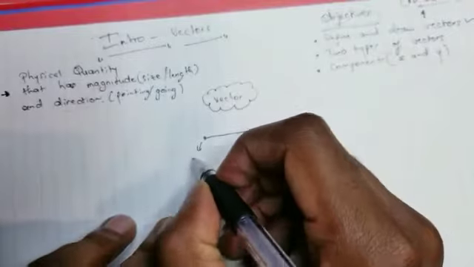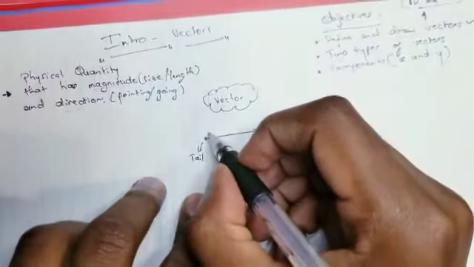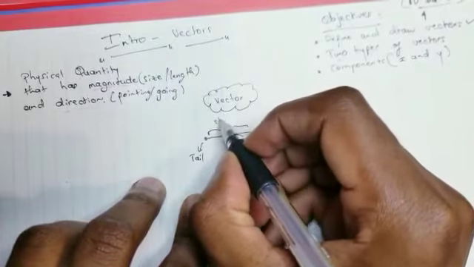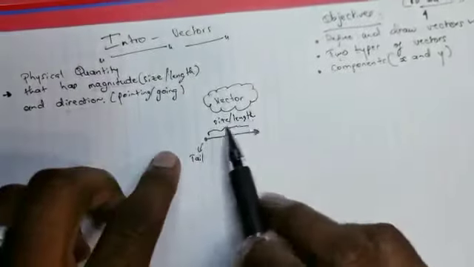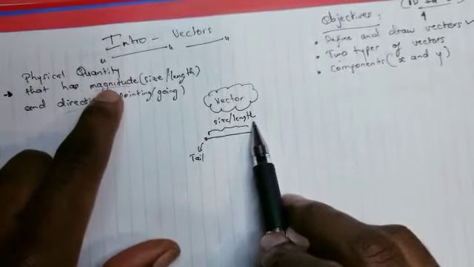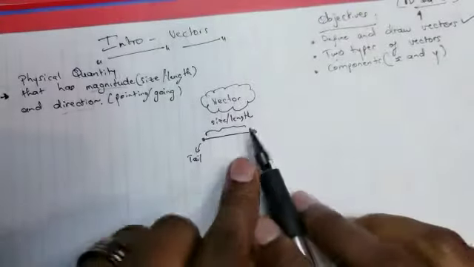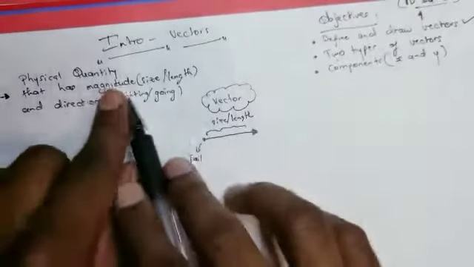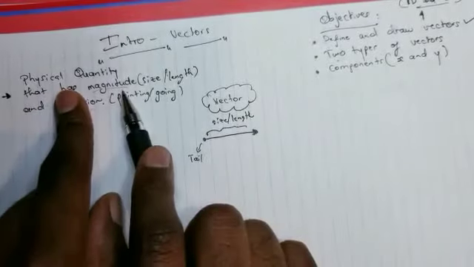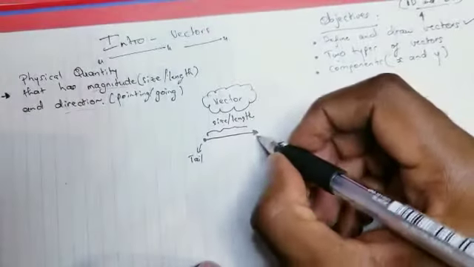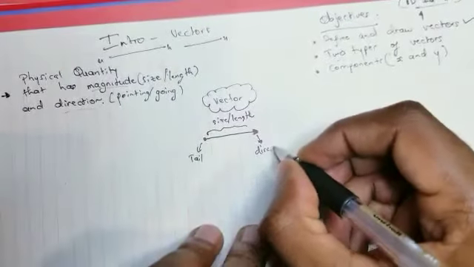So a vector has simply a tail, and then if I look at this part, it has a size or a length, and we know that size and length are the same as magnitude. All right, so if this line was longer, it means my vector would have a bigger size, a bigger magnitude. Because it's a bit shorter, it means that it has smaller magnitude, yeah? And then this arrowhead is what tells me about direction.